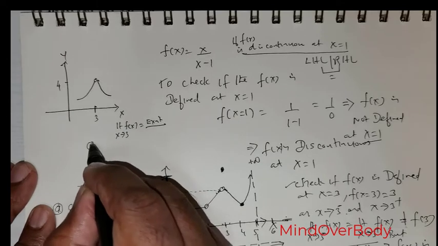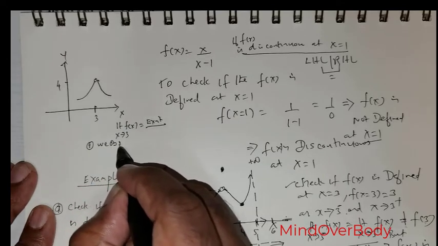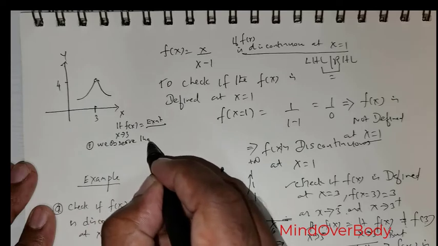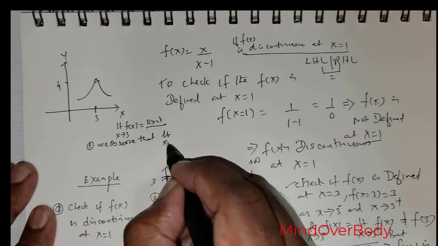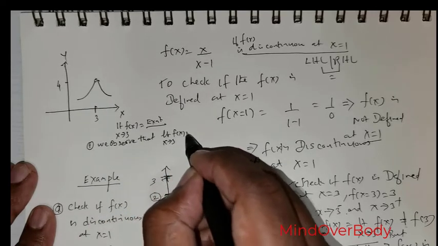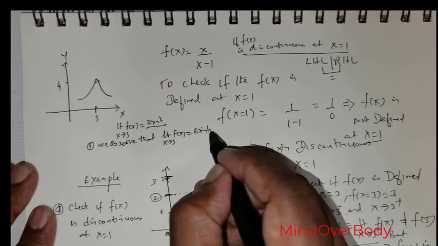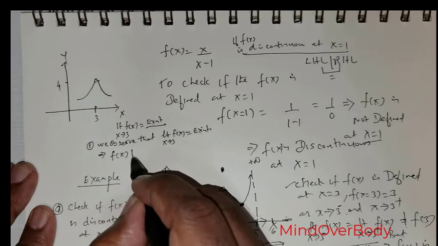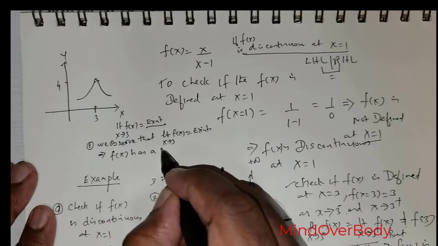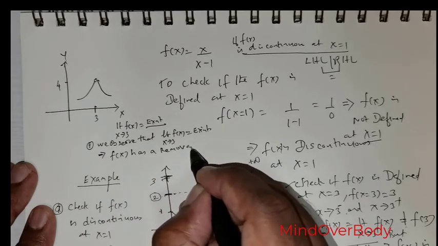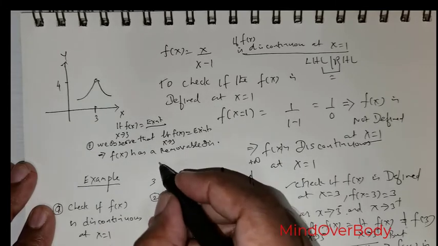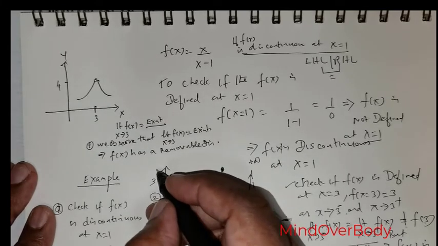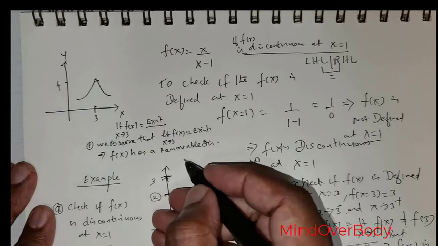So point number 1, we observe that limit x tending to 3 of f of x exists. So this would mean f of x has a removable discontinuity. Now the question is, is it a missing point discontinuity or an isolated point discontinuity?